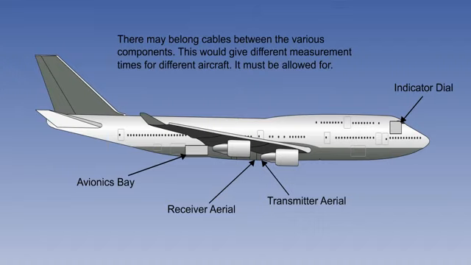In addition, the different physical sizes of the aircraft concerned will create differences in cable run length between the avionics bay and the position of the antennae on the underside of the aircraft fuselage. In larger aircraft, this distance may be up to 100 feet, or in a smaller one as little as 6 feet. If compensation for cable length is not applied, an error is generated.